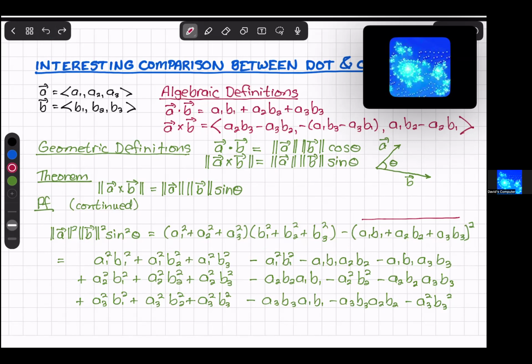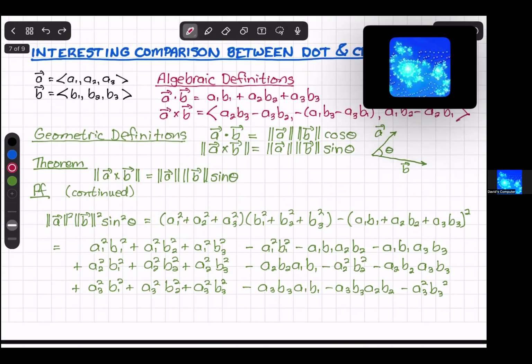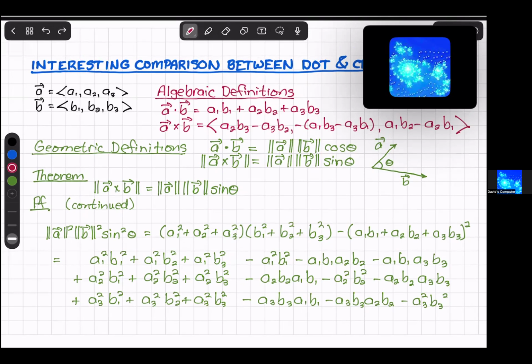Now it seems like a lot of writing, but we recognize right away that some of these things are going to be canceling each other out. So let's cancel and organize. A1 squared B1 squared, add and subtract. A2 squared B2 squared, add and subtract.